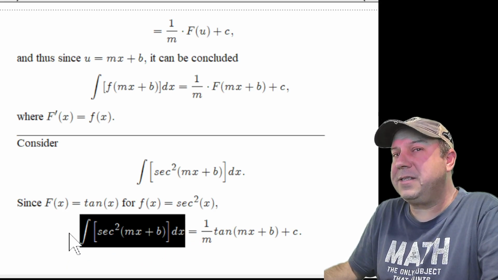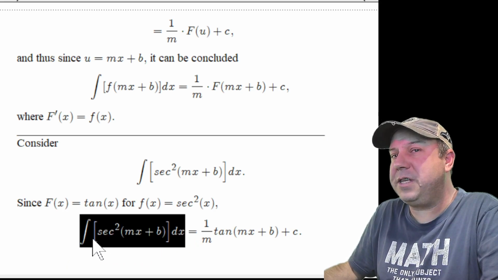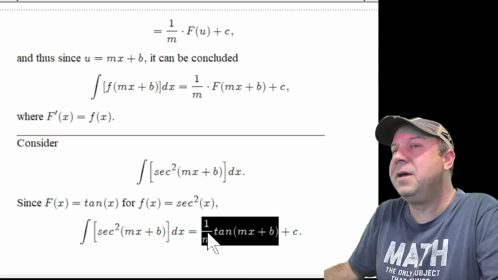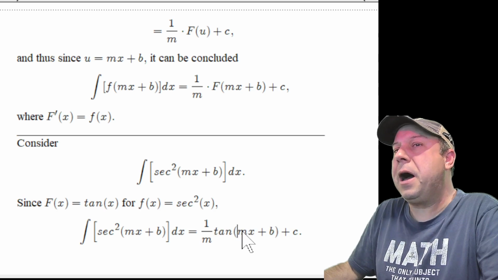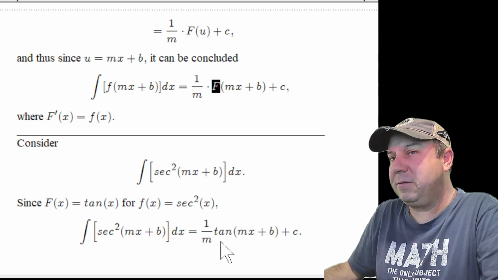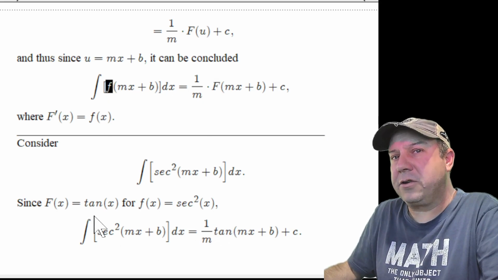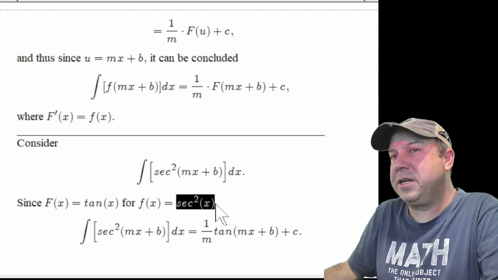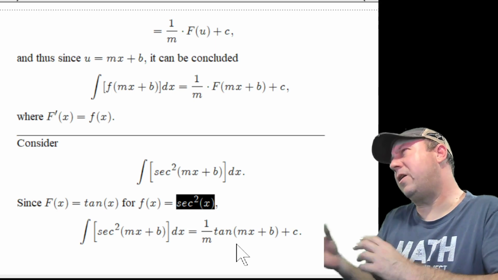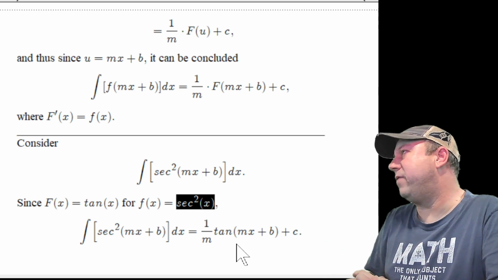And that implies that if we look at the antiderivative for the secant squared of that linear function, it will be equal to 1 over m times the tangent of our linear function mx plus b. Since cap F is going to be the tangent of x for our function little f, which is the secant squared function in our library, or considered to be like our library function.